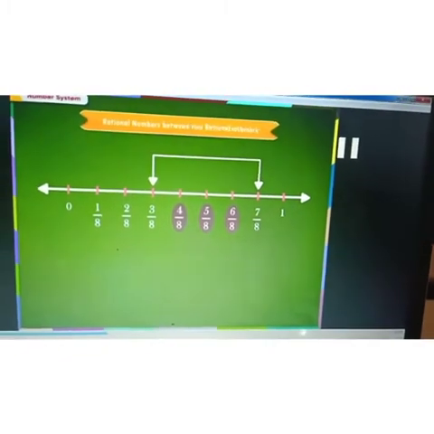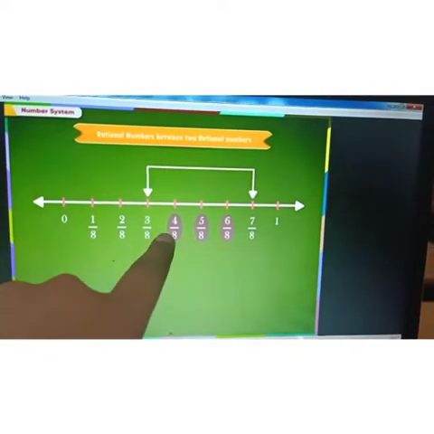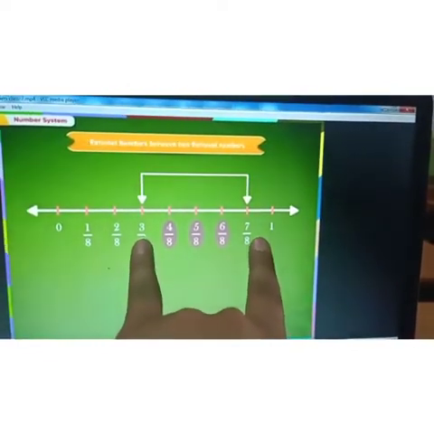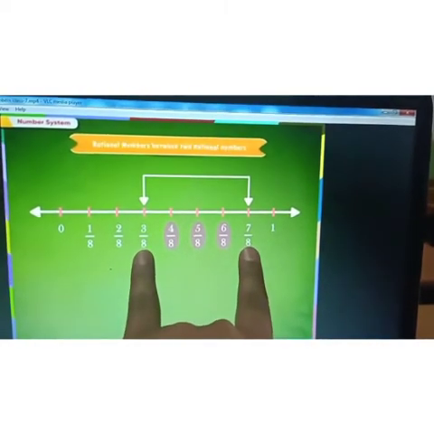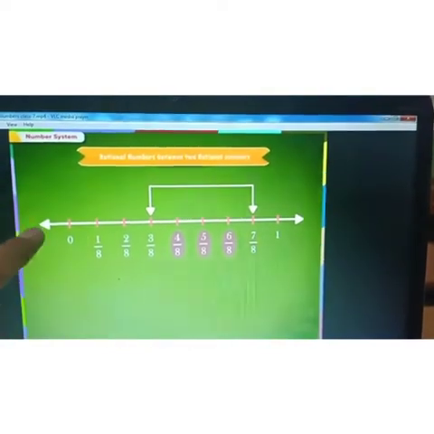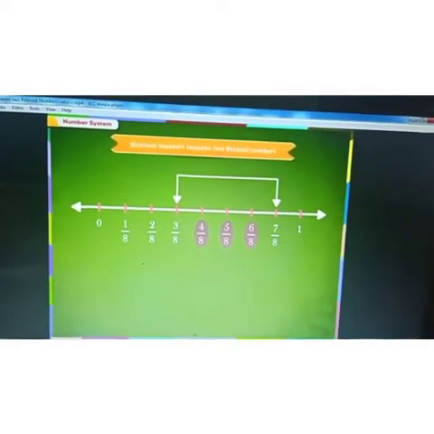My question is, are these the only three numbers between 3 by 8 and 7 by 8? So this is visible, only 4 by 8, 5 by 8 and 6 by 8. I had asked you which numbers lie between 3 by 8 and 7 by 8, and your answer is, sir, 4 by 8, 5 by 8 and 6 by 8. No, there are more rational numbers also. Let's see.